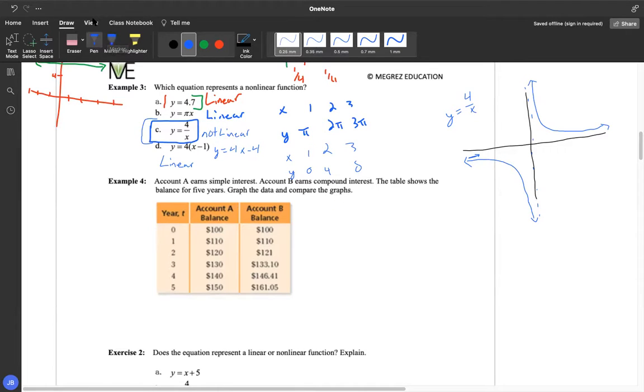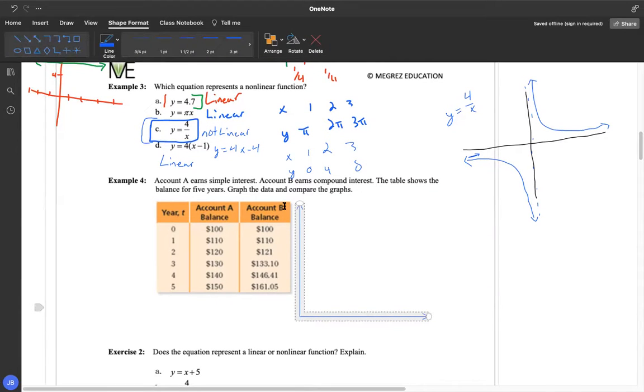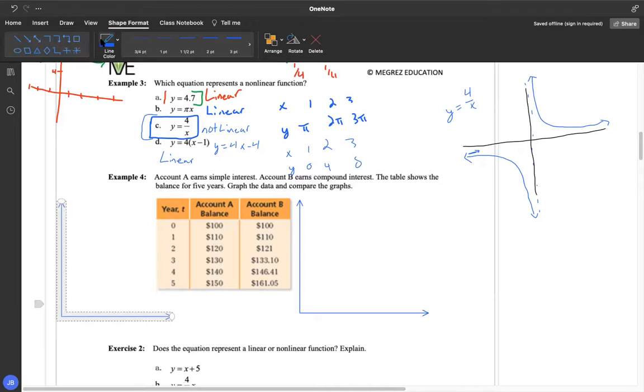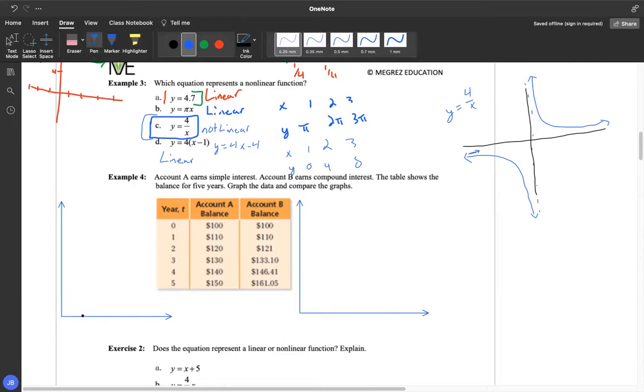So let's see. We'll do A over here. All right, and then we'll say 0, 1, 2, 3, 4, 5.